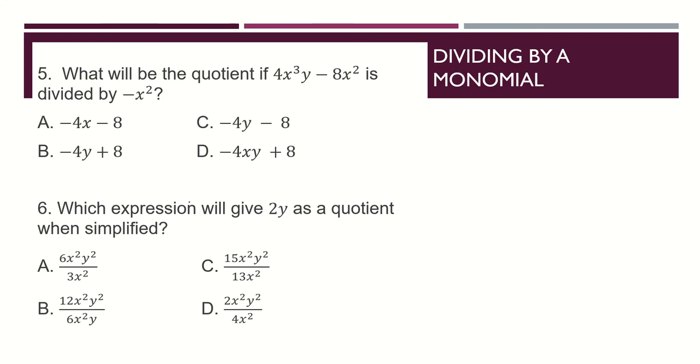Hindi mo siya makikita ng 4x cubed y minus 8x squared over negative x squared. Hindi mo siya makikita ng ganitong sulat. Pero sa scratch paper mo, kung mas madali para sa'yo na mag-divide ng ganito ang nakikita, ede, do it. Okay? So, try to answer the item first before we proceed.